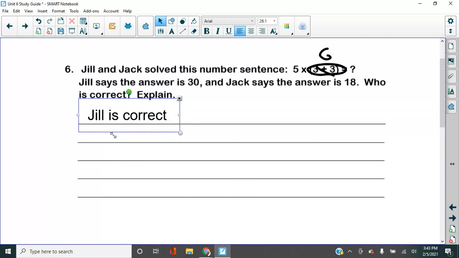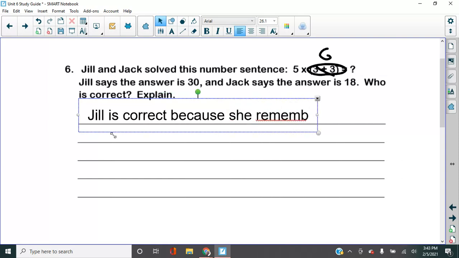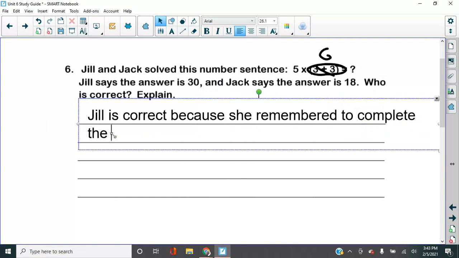Oh, that's better. Not Jill because. I've never seen anybody with the last name of because. Jill is correct because she remembered to complete the problem in the parentheses.